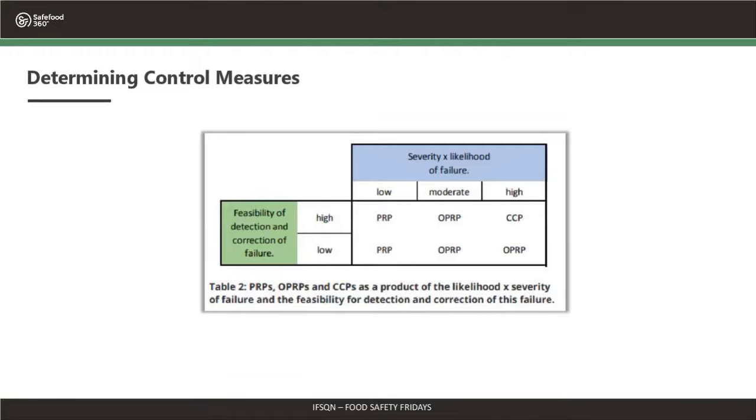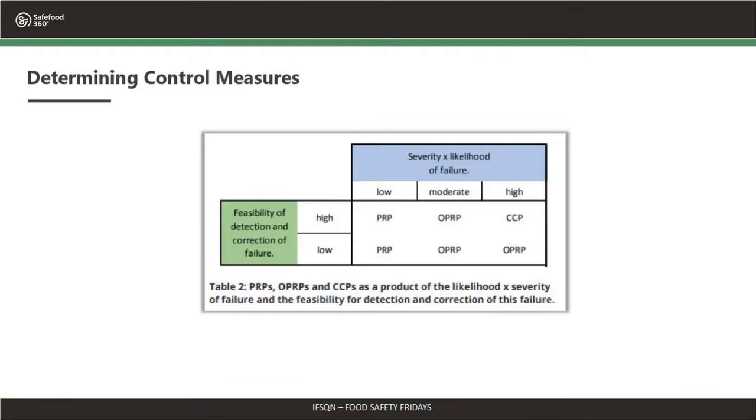So in the practice of safe food production, there are situations in which, despite a high probability times severity of hazards and of failure, the feasibility of measurements to detect and correct a failure is quite low. And in that case, we have an OPRP.